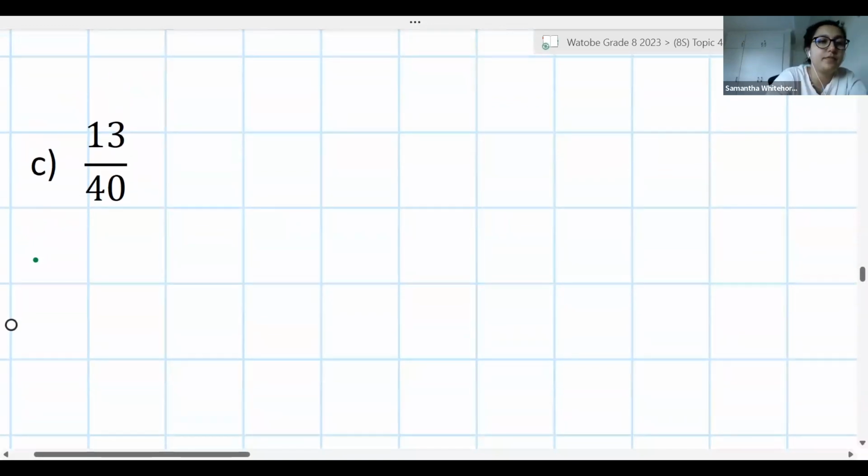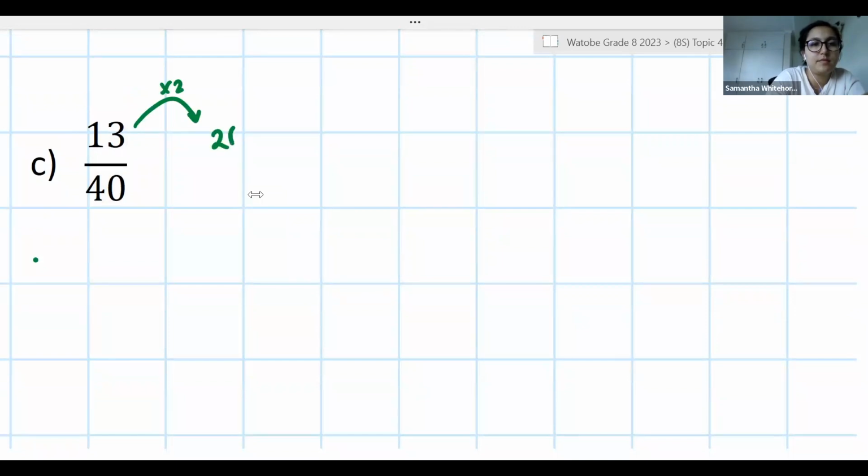Okay. Then I said 40 times 2, which gave me 80. And then I wrote it in a fraction. And then after dividing it all together, the 26 divided by 80, I got 0,325. Okay, but how did you get that? Like, how do you know that it's 0,325?